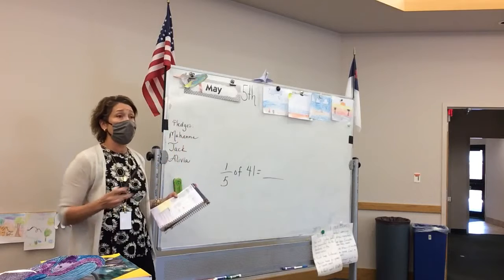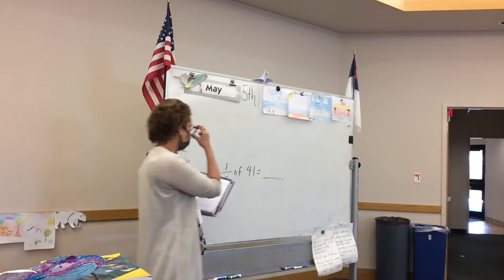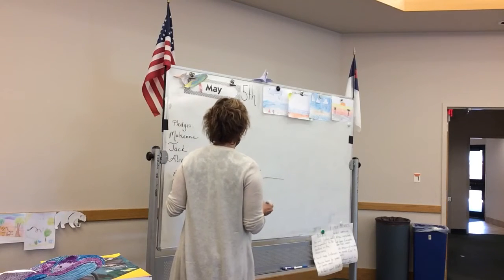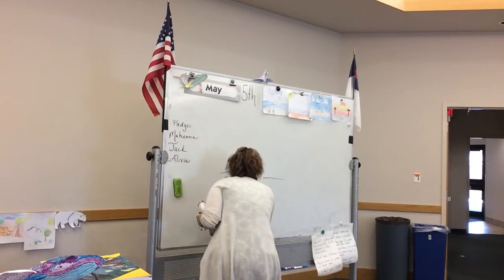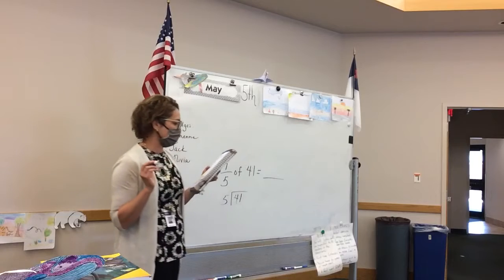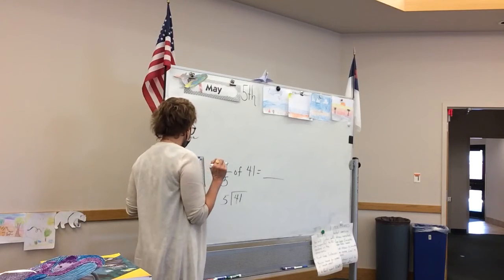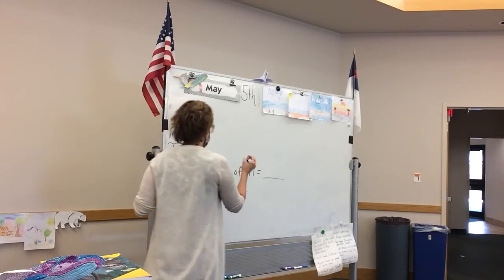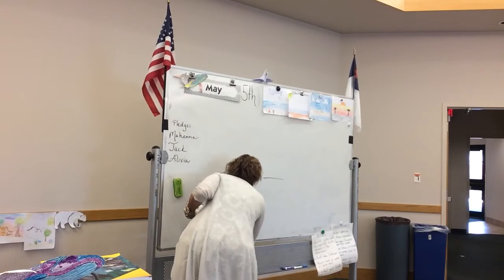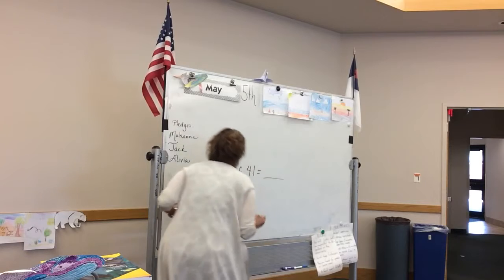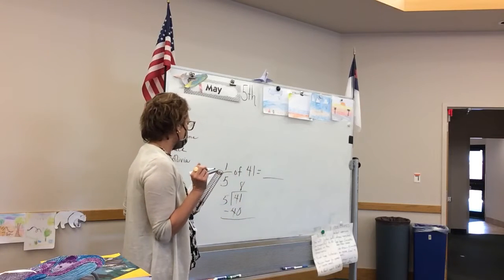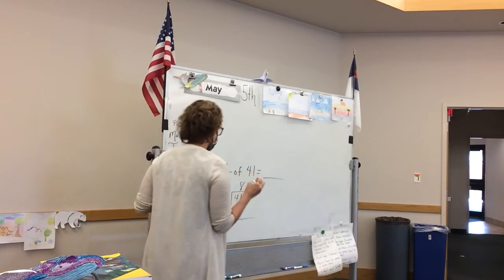1/5 of 41. What is the first thing I'm going to do, Owen? 41 divided by 5. Okay. What is my next step, Owen? Walk me through it. 5 times 8 is 40. Beautiful. Minus 40. Then what is 41 minus 40? 1.